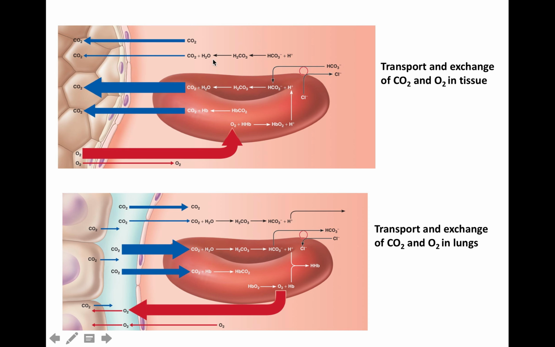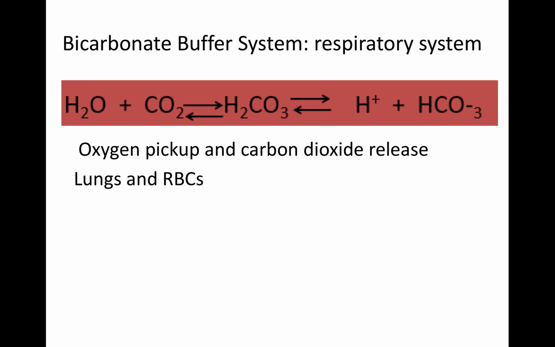When you go back to the lungs, the hydrogen combines with the bicarbonate to become carbonic acid, which then gets broken down to CO2 and H2O, and CO2 gets into your lungs and is exhaled. Keeping that in mind, we're going to connect this to how this reaction is effective when you are dealing with acidosis versus alkalosis.